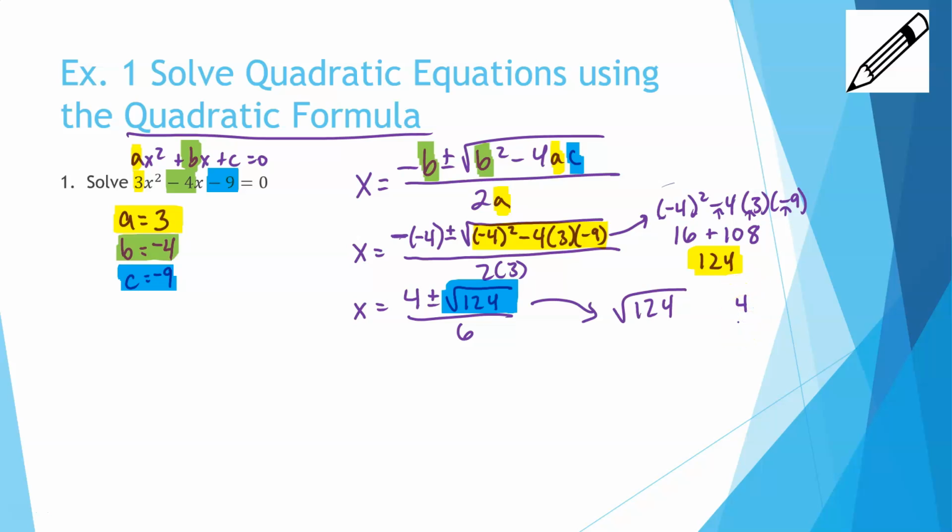Perfect squares are 4, because 2 times 2 is 4, 9, 16, 25, right? All these numbers are a number times itself. And when I look at 124, I think about 4 because I know that 4 goes into 12 3 times and 4 once. So I know that 124 is 4 times 31.